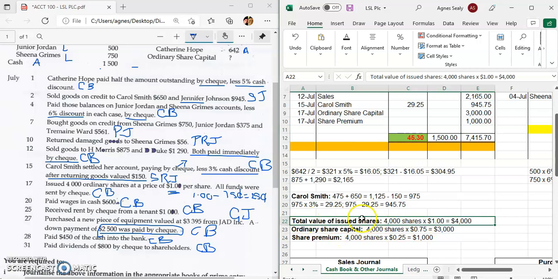We could also have omitted the first step and gone straight to calculating the value of our ordinary share capital, which is the shares issued multiplied by the par value of the share. Then we could have calculated the share premium, which is the shares issued multiplied by the amount of the premium.